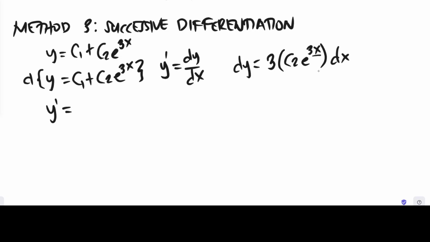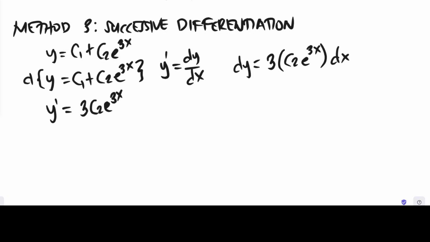This should be the result upon using implicit differentiation and then transposing dx to the other side. We will have dy over dx, which is equal to y prime, so y prime is 3 c2 e raised to 3x. I hope you will develop the comfort in using primes for the derivatives.